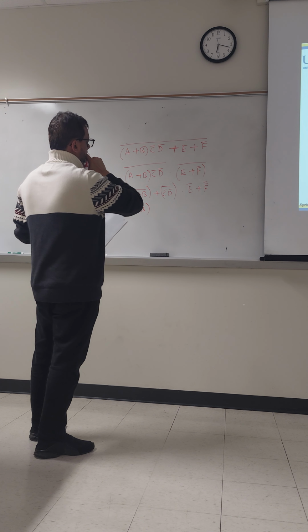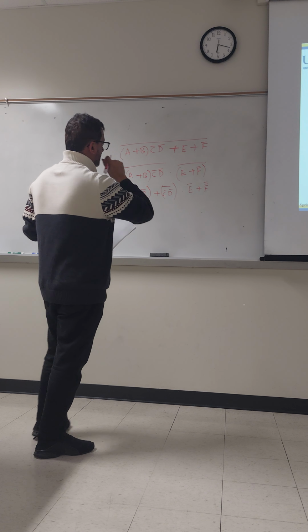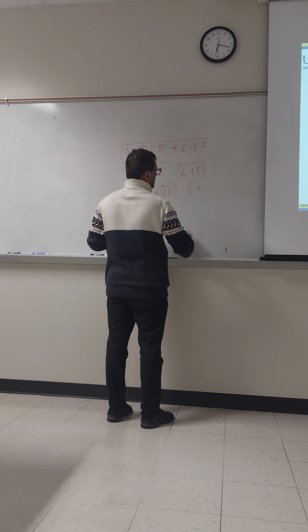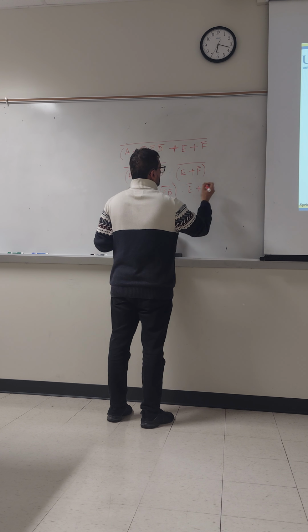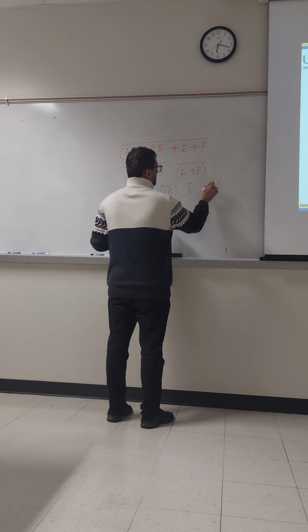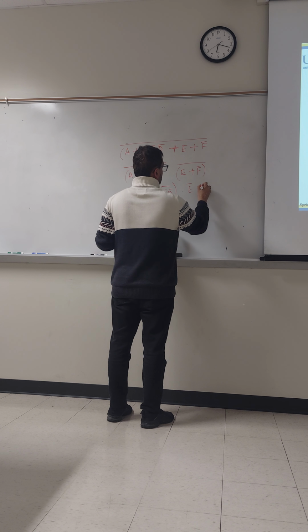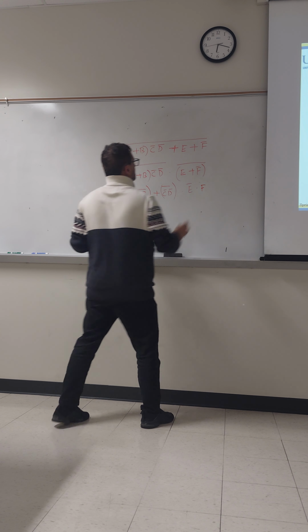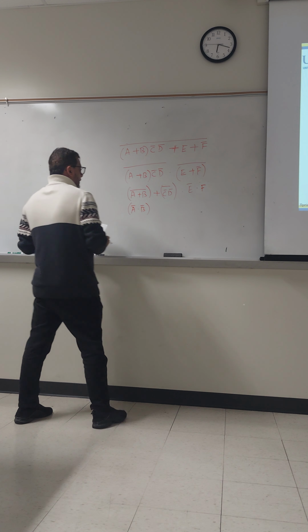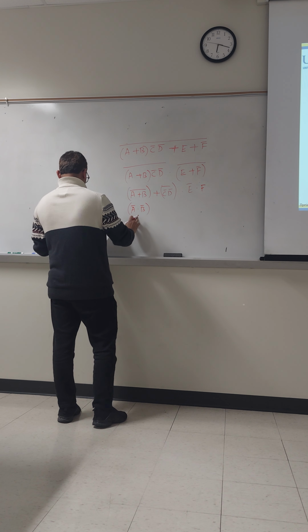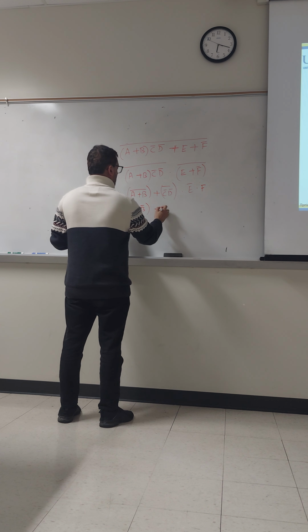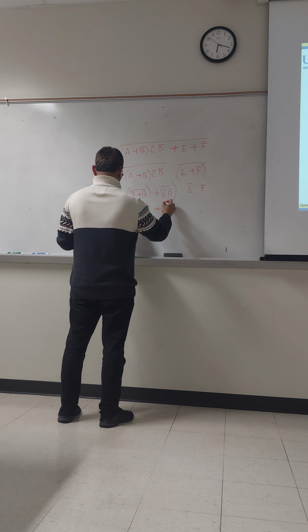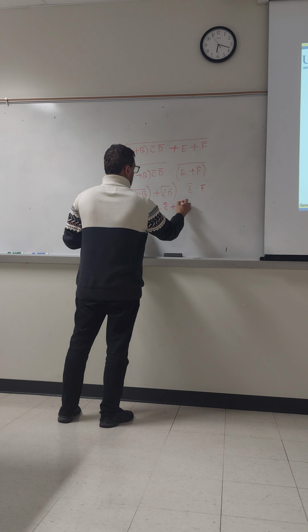So it's X plus Y whole bar. E bar dot F. F double bar means F. Yeah, sorry, thank you. Then this one also the same: C double bar, D double bar.